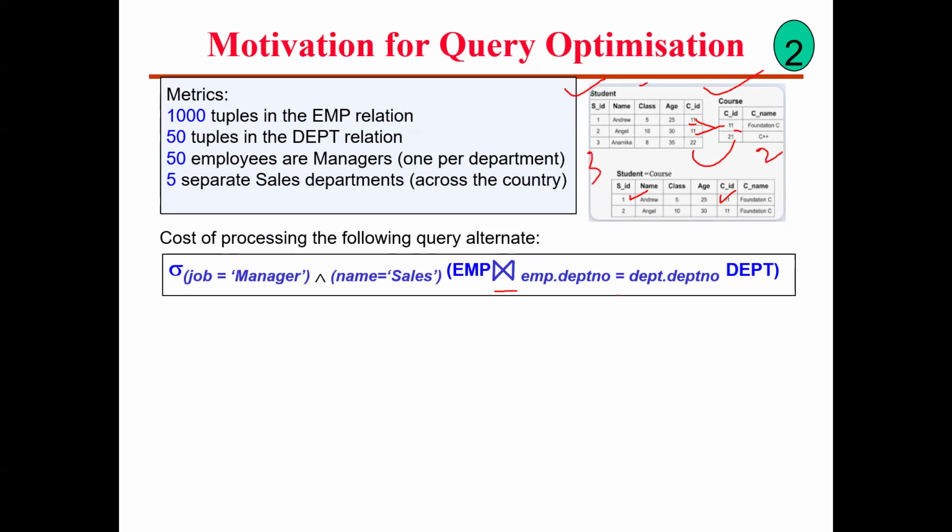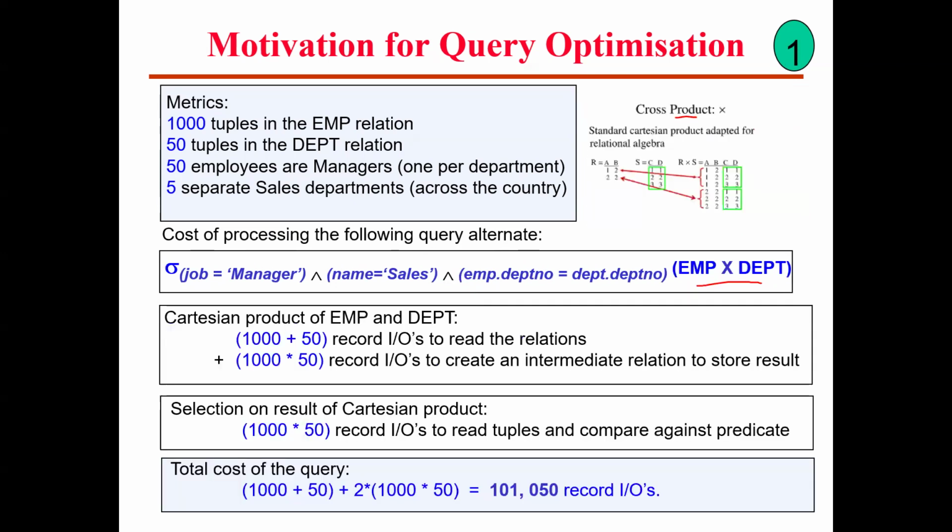But how many do we have in the join which satisfied the condition? Only 2. So if you remember, when we were doing this job by using a cross product, the total number of rows selected was 1,000 multiplied by 50. It created an intermediary cross product table after cross producting this one.